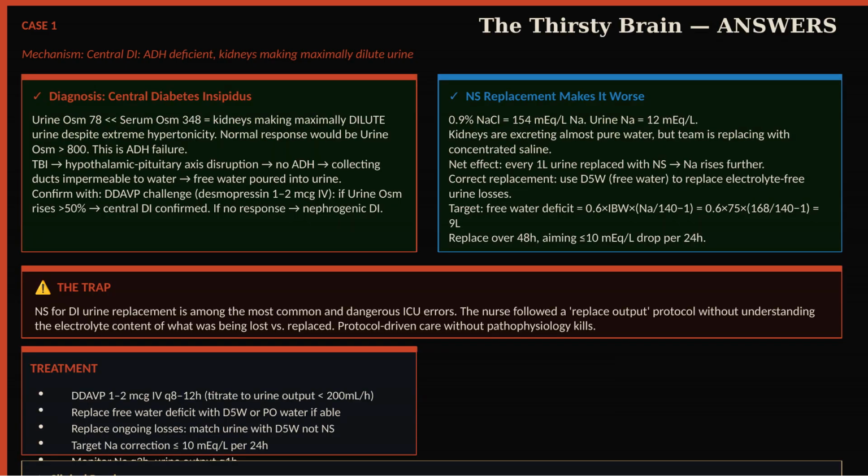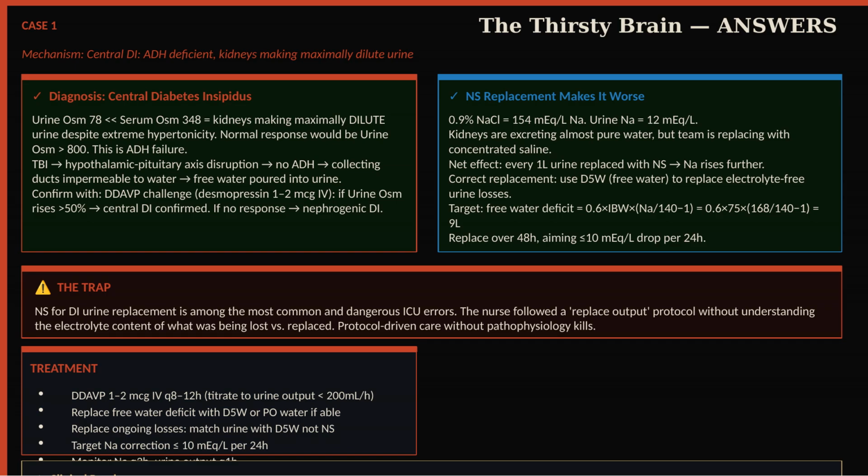This is central diabetes insipidus. The pattern that confirms it: a urine osmolality of 78 against a serum osmolality of 348. The kidneys are making maximally dilute urine in the face of extreme hypertonicity, the exact opposite of what they should do.